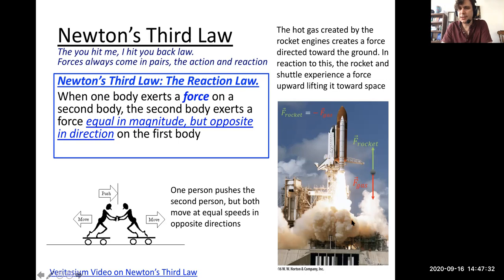And Newton's third law tells us that, well, if there's a downward force, there better be an equal and opposite upward force pushing on the rocket. And that force that's pushing upward on the rocket causes it to lift off and go to outer space. So the third law, the reaction law. For every force, there's an equal and opposite force.